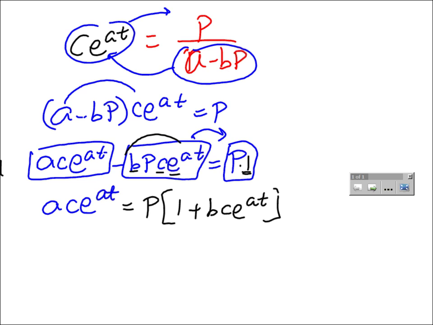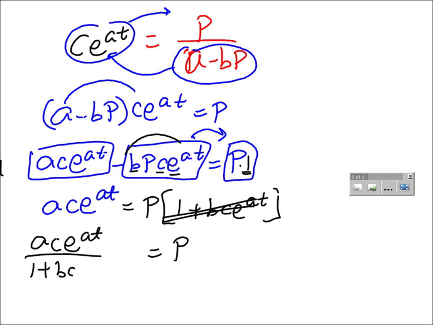Okay, if I divide both sides by this amount, the right side will just be p. The left side will be ac e to the at over 1 plus bc e to the at.